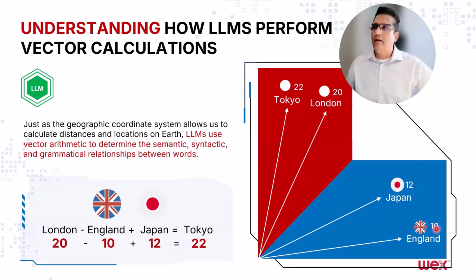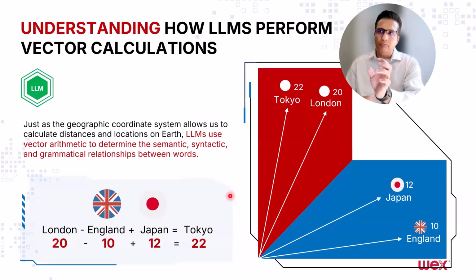Now, if I take London, which has a value of 20, and I subtract the country of that capital, England, which has a value of 10, so 20 minus 10, and I add Japan to it, which has a value of 12, that becomes 20 minus 10 plus 12, which results in 22. Tokyo had exactly the value 22, so the answer will be Tokyo. That's how LLMs perform calculations on related words.